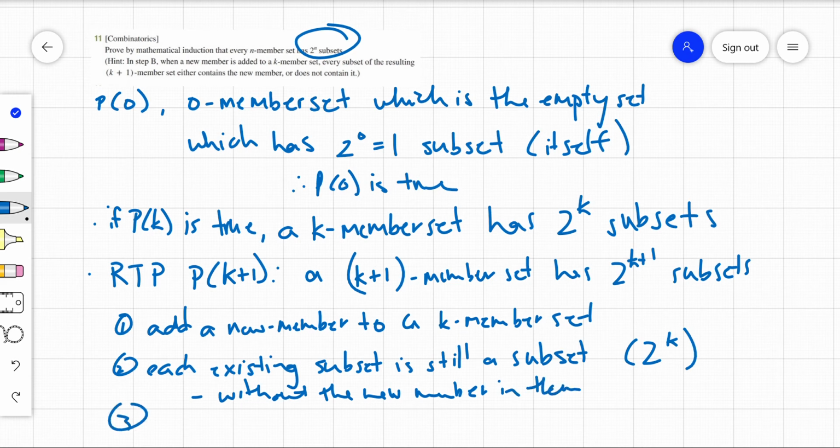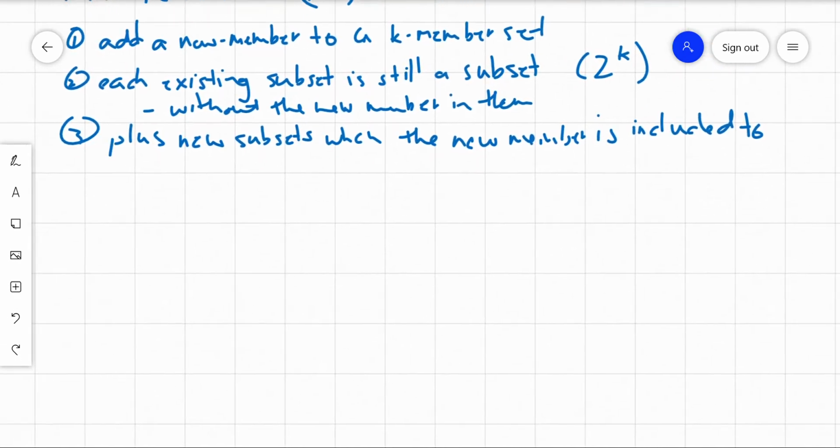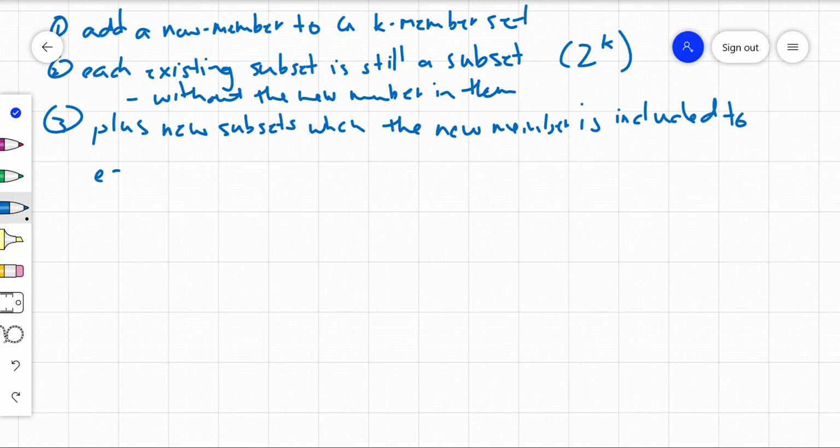But we also need all the new subsets created when the new member is included into each of the existing subsets.